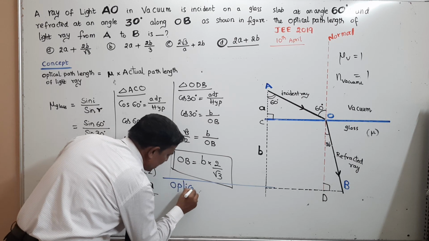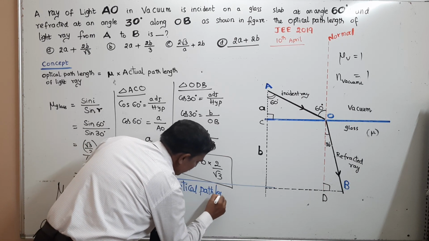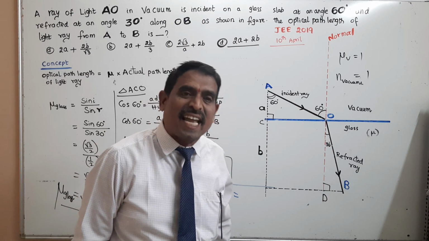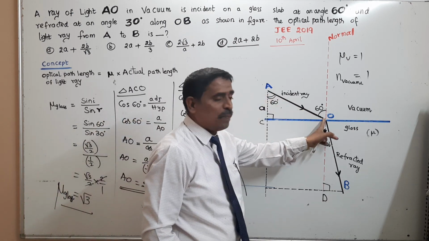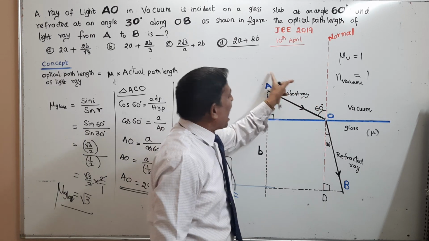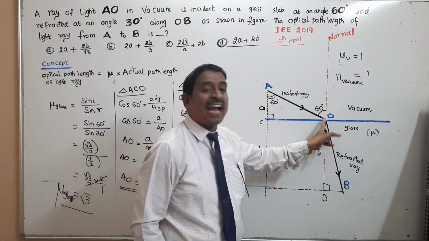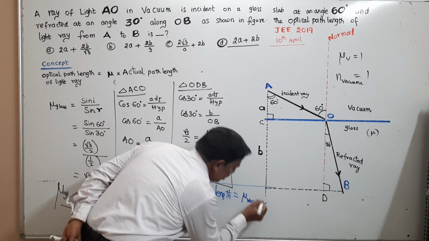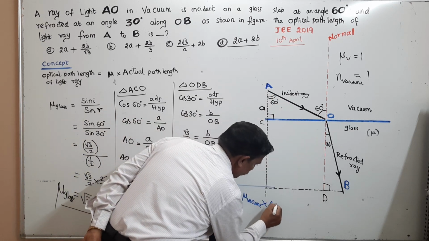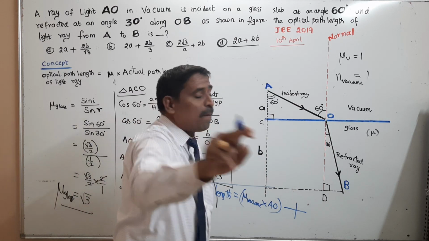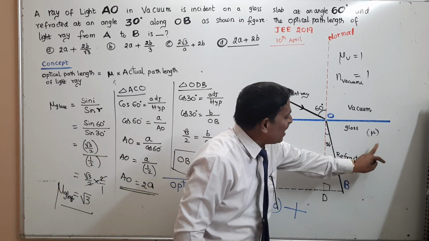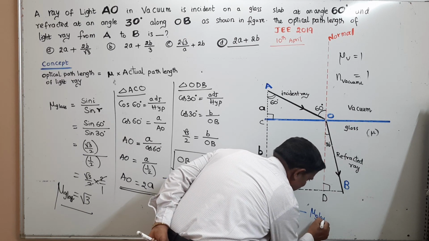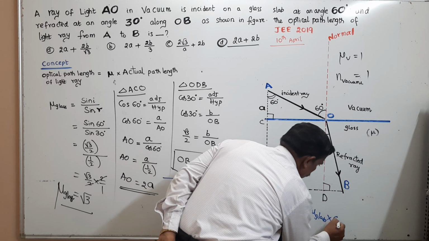Here the light rays are traveling in vacuum first, so optical path length means refractive index of vacuum into the original path length AO, plus optical path length in glass, refractive index of glass into the original path length OB.